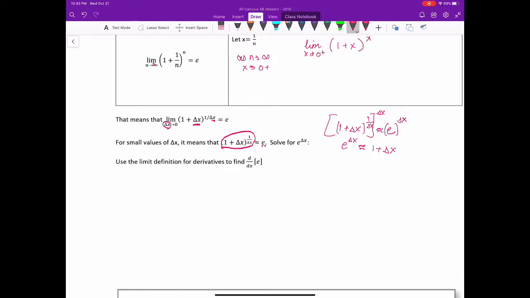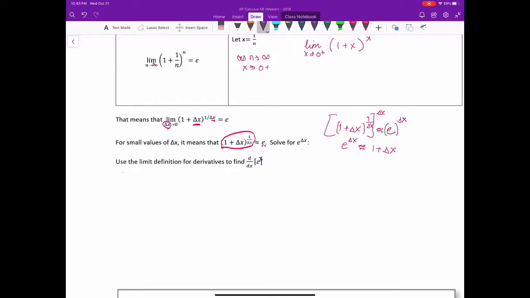Okay, so now we're going to use the limit definition. We're going to try and find the derivative of e, so that means e to the x. There's a typo again. This needs to be e to the x. I'm sorry. So here, let me change that in there. E to the x. You know I'm always good for a few. Let's change that there.